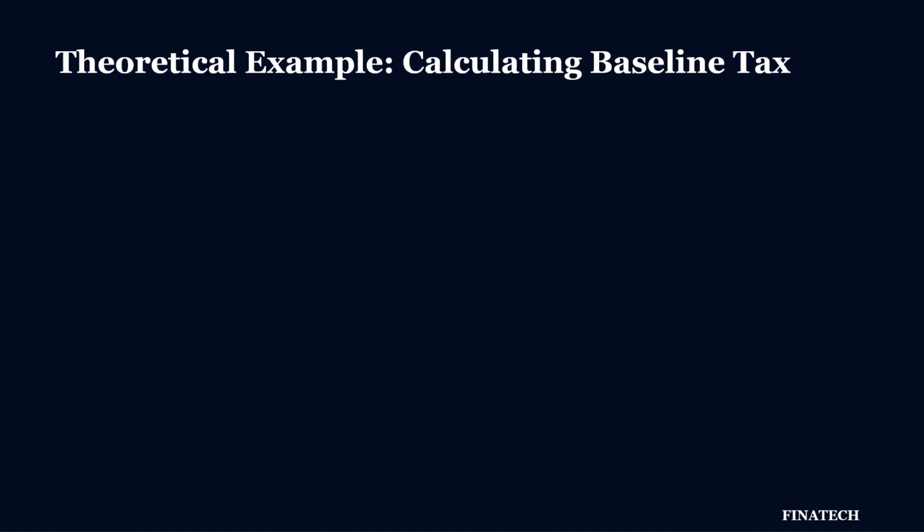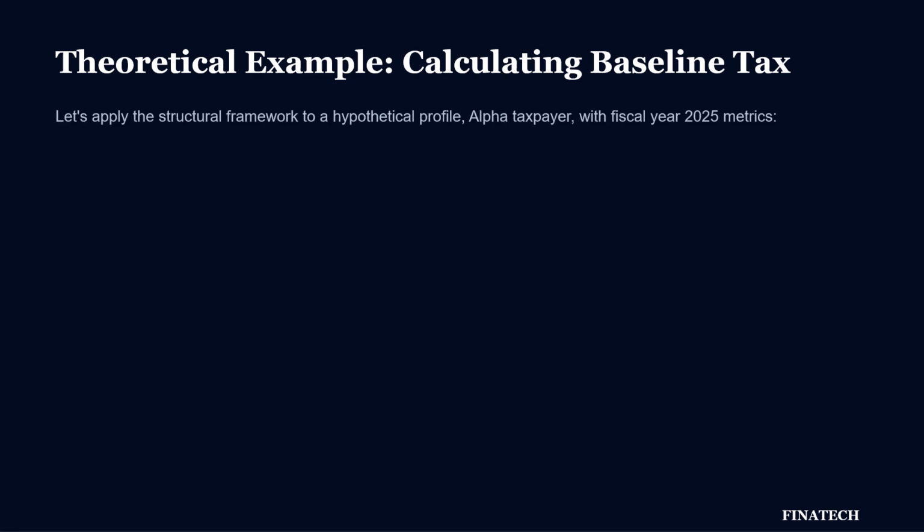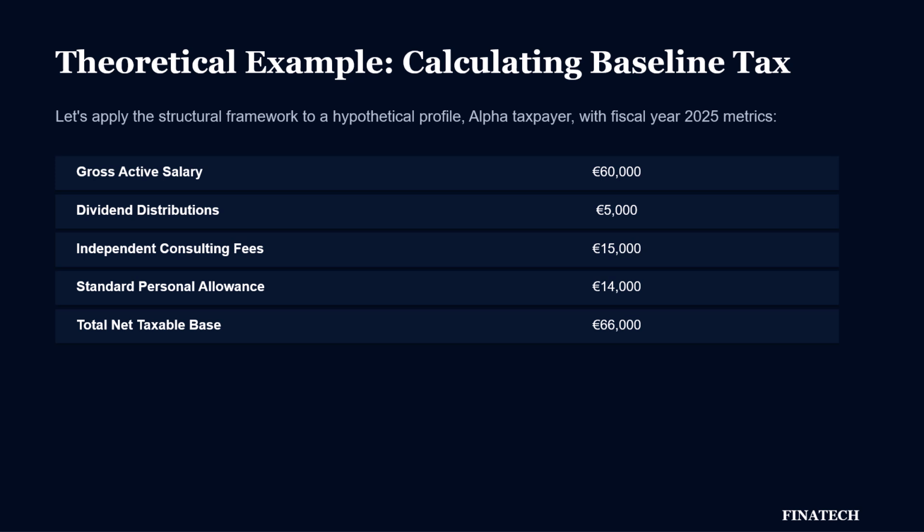Let's take a theoretical example, calculating a baseline tax. Let's apply the structured framework to a hypothetical profile, Alpha taxpayer, with fiscal year 2025 metrics. With his gross activity salary, he gained 60,000.